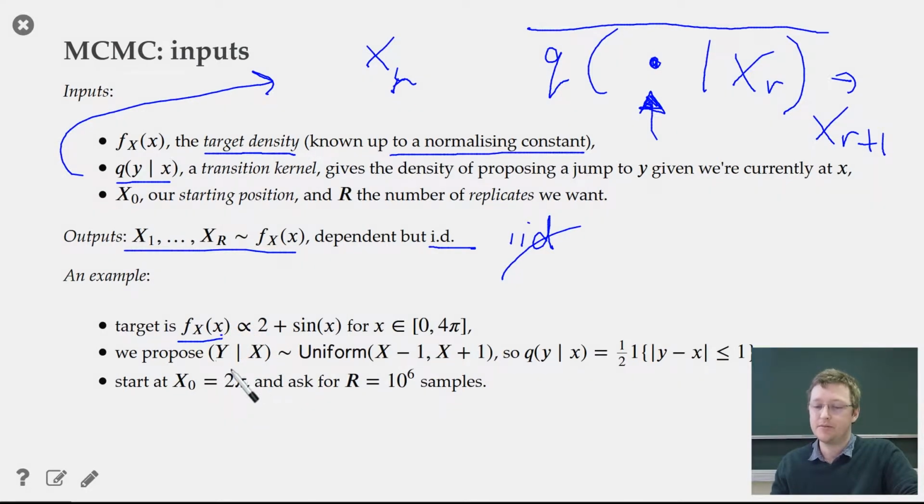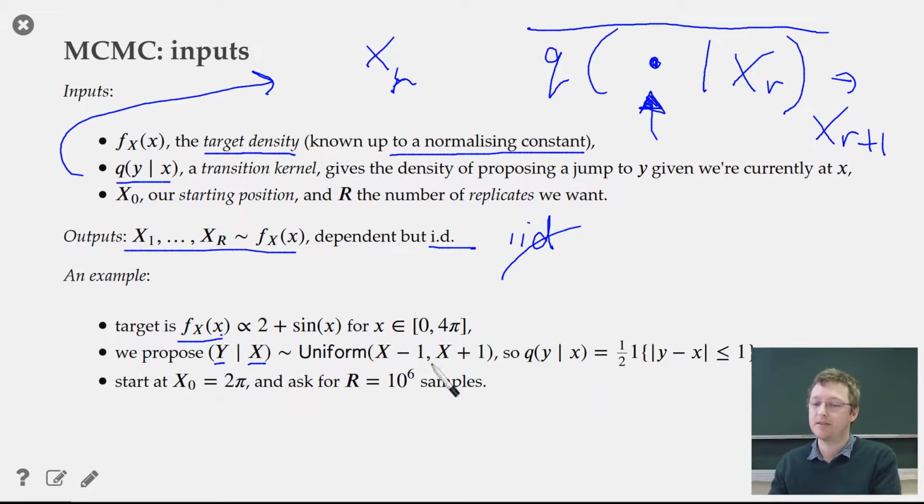And then the transitions that we propose are, given that I'm at x, I'll suggest that y is a random point which is uniformly distributed but centered on x. So it'll go up to 1 less and up to 1 greater than where we were before, and just pick uniformly between that range, choose a y.